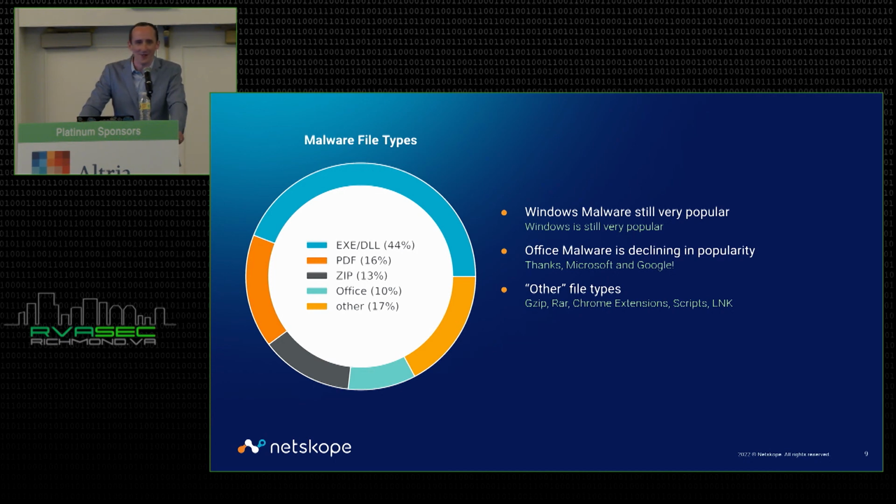Either I get a notification that malware was blocked, or when I try to download it, it says you can't download it, it's malware, or if I share it and somebody clicks the shared link, it doesn't work. So a lot of these vendors know that this stuff is happening. They know people are going to try to upload malware to these platforms, and so they're doing what they can to scan the files uploaded to them.